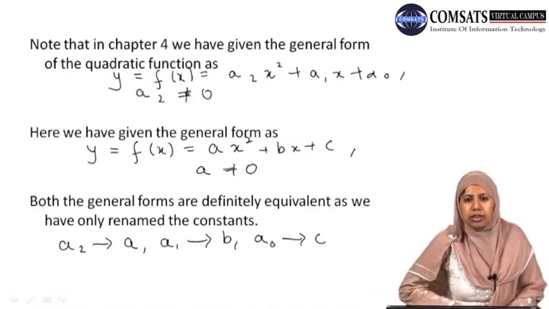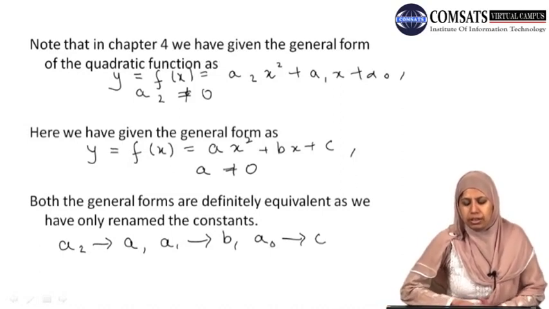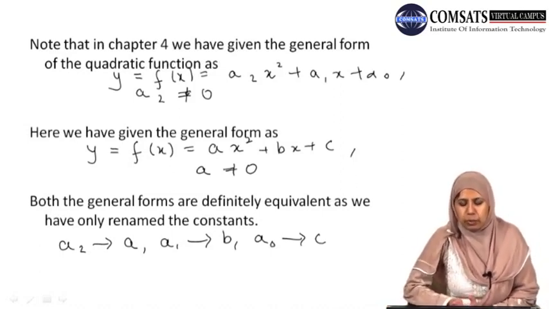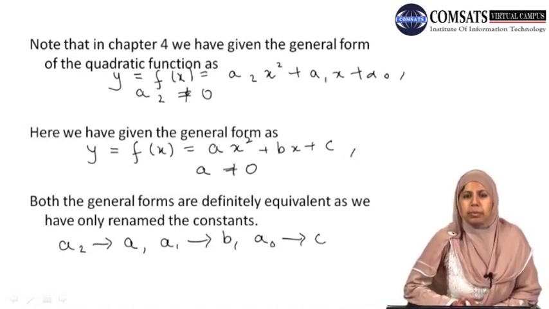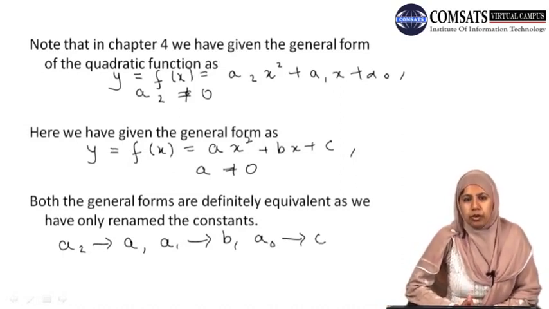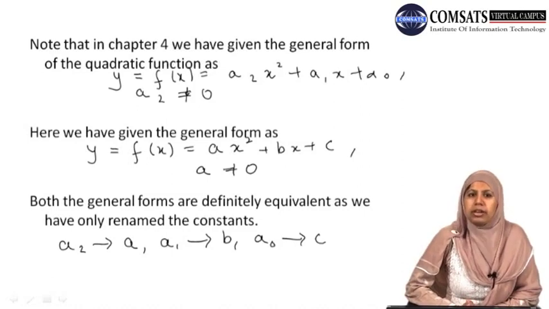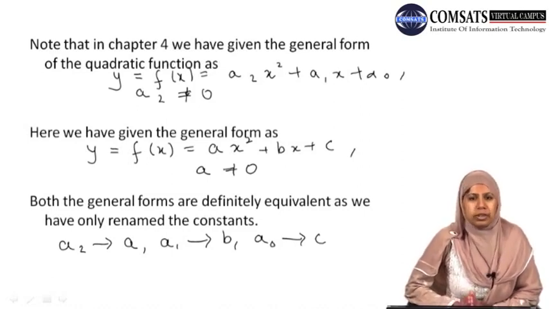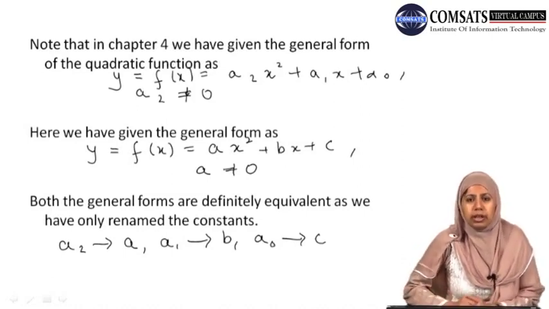The only condition you have to remember is that the constant appearing with the highest power of the independent variable x square should be different from 0, and the highest power should be x square. x to the power greater than 2 will not be allowed.